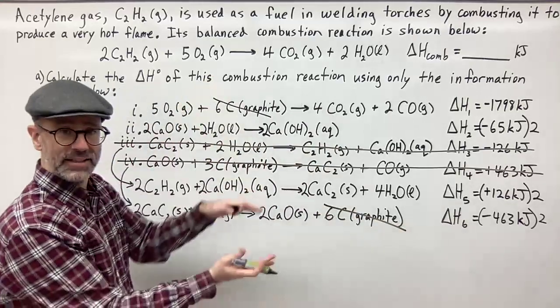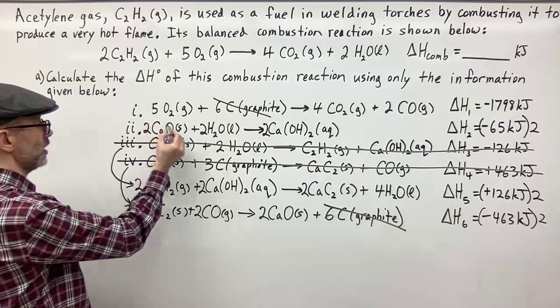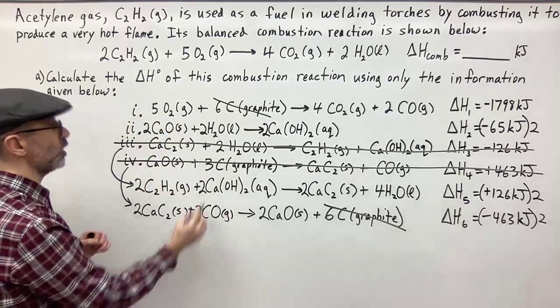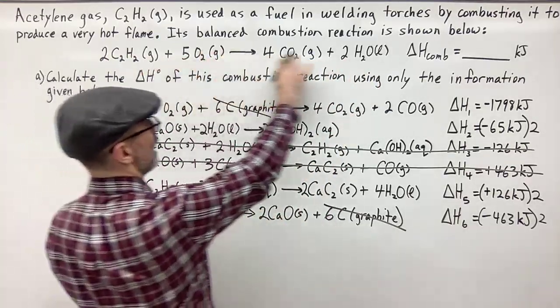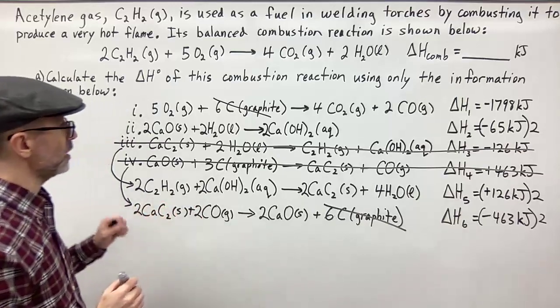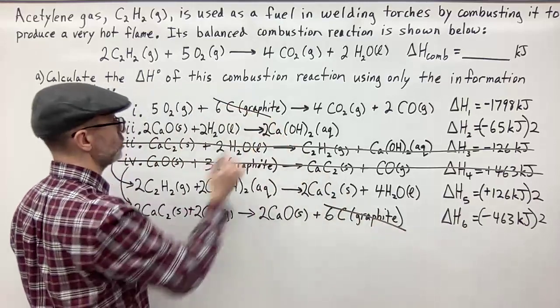Again, we're going to add these equations. So the equations we're trying to add together are these two up here to get this one. So anything that's not in this equation must cancel out. Okay, so the 6 carbon graphite cancels out.